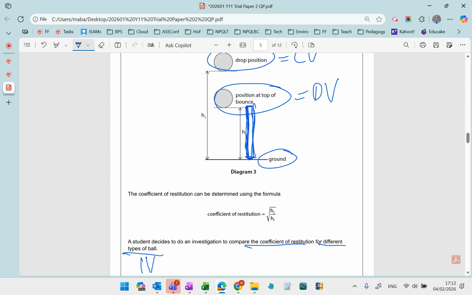A way to make sure that things are vertical is to use a set square against the ground to ensure that you're dropping things vertically.